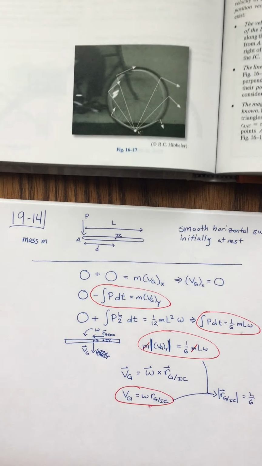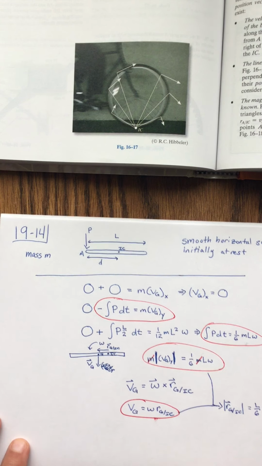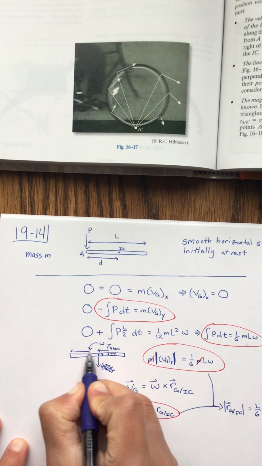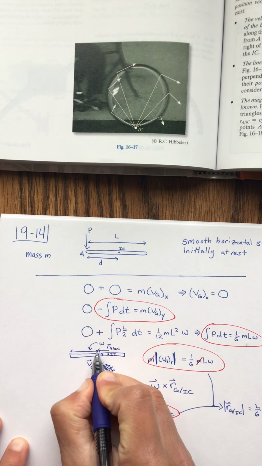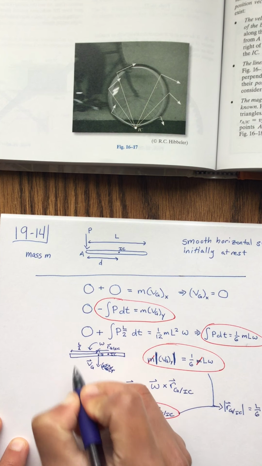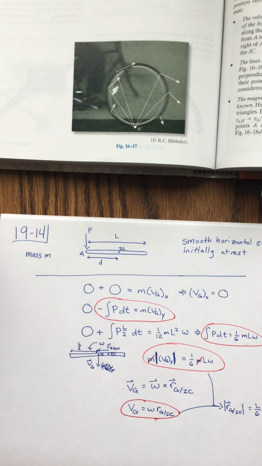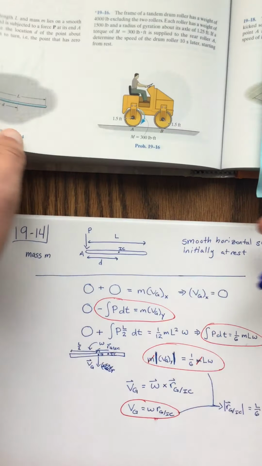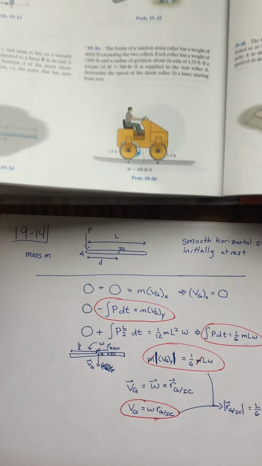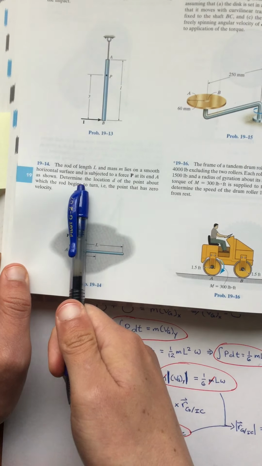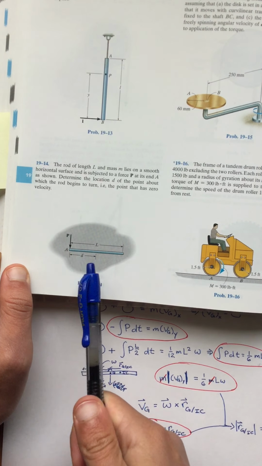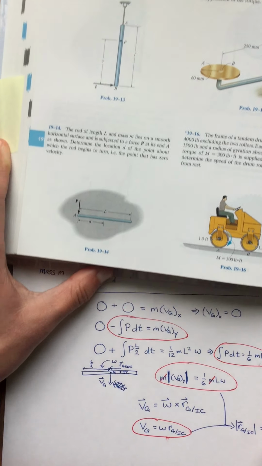Okay, the rod had a length of L, so the distance from point A to point G is L over 2. And let's go back and see what it was we were supposed to find. So determine the location D. Okay, that's this here. So that's being measured from the left end of the rod.